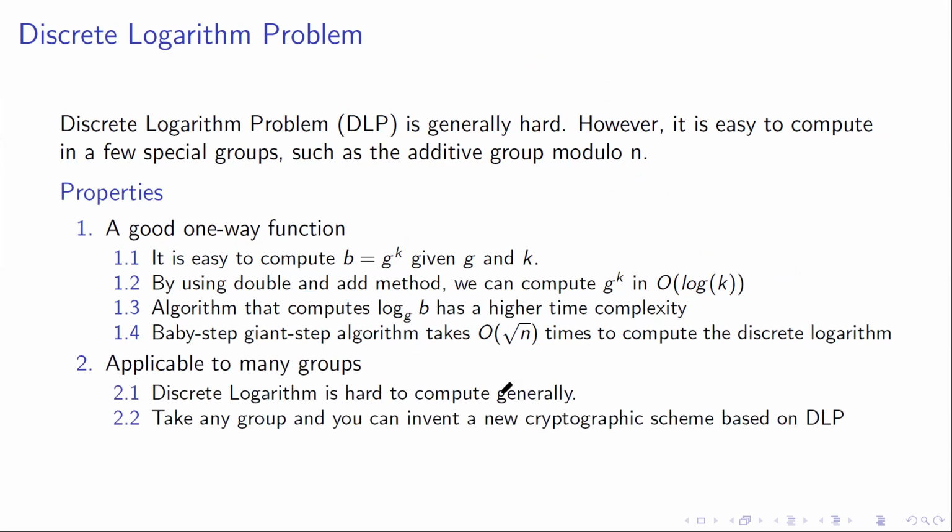You can take any group, and if you find that the discrete logarithm problem is hard in the group, then you can invent a new cryptography scheme based on it. Basically, this is also what I did in one of my challenges. I invented another group and asked you to solve the discrete logarithm problem in the group. And because of certain properties, every group has some different kind of things.